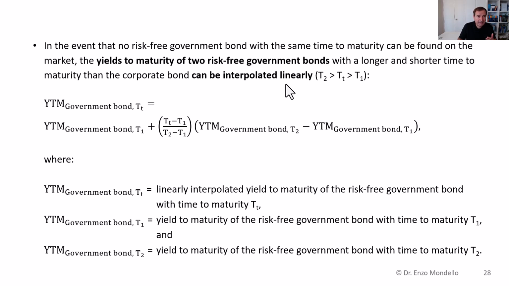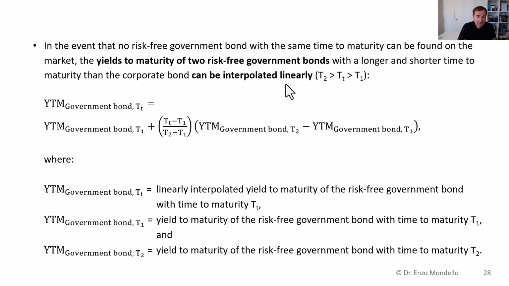And then we can linearly interpolate the two yields to maturity of these two risk-free government bonds to come up with a linearly interpolated yield to maturity that we can use as the risk-free rate to calculate the yield to maturity of the corporate bond, which is then our discount rate that we use to discount back the expected cash flows of an option-free bond.